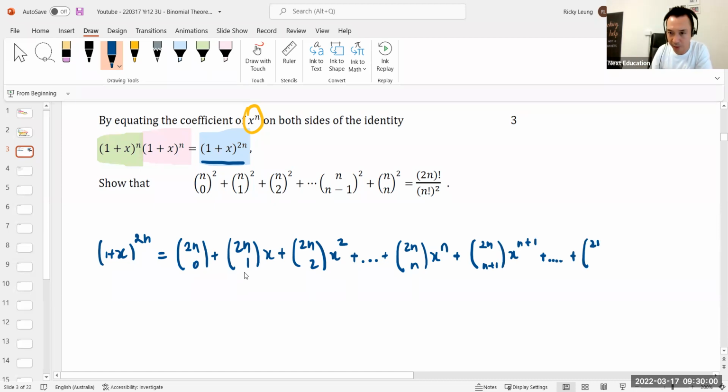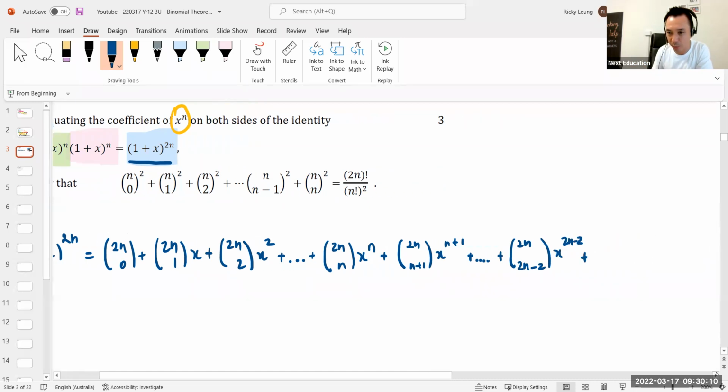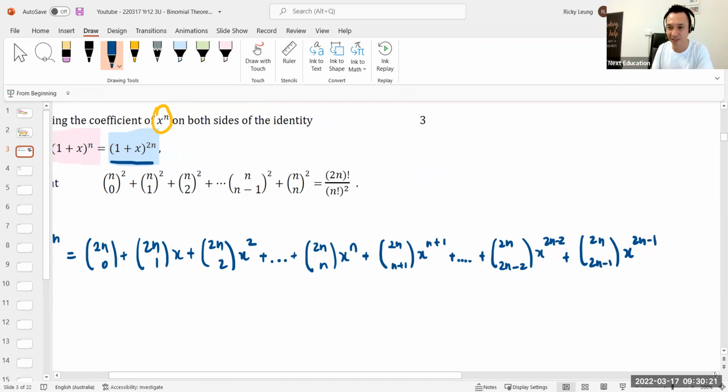The third last one is 2n C(2n minus 2) x^(2n minus 2). It looks a bit long, but I just want to put it in there. Some teachers skimp on the working out and then regret it, because kids can't picture it. So I'm just going to put it in there.